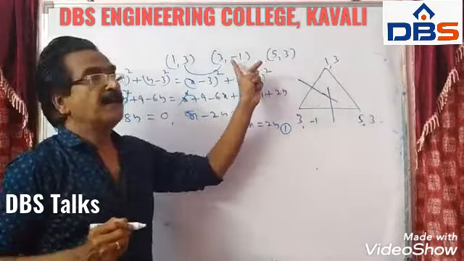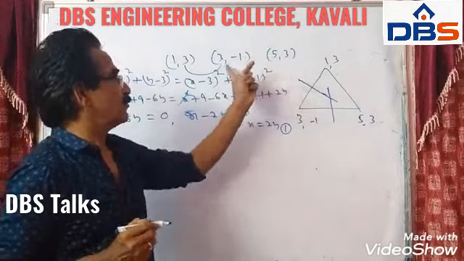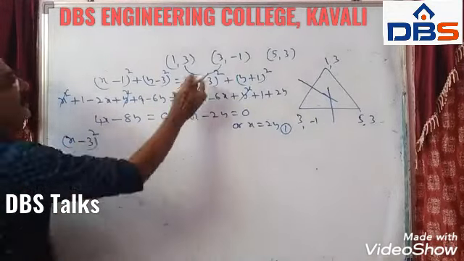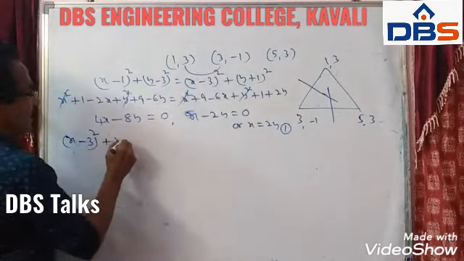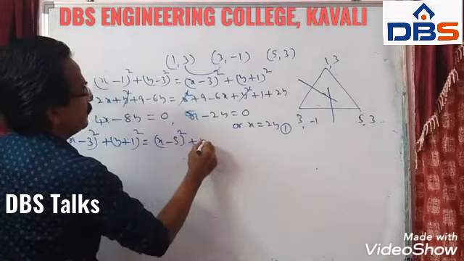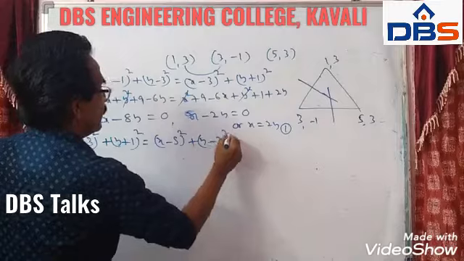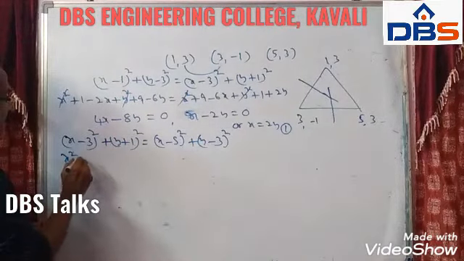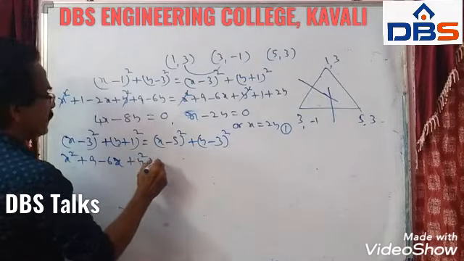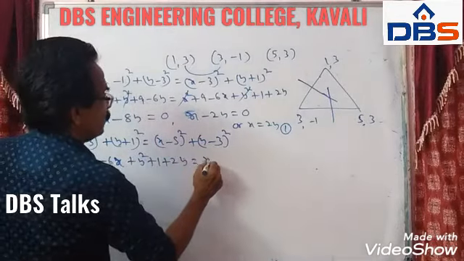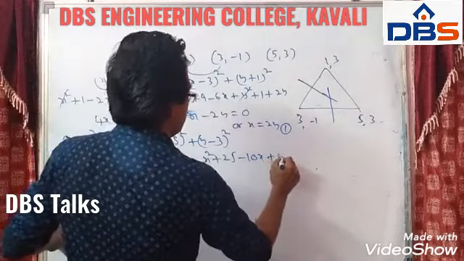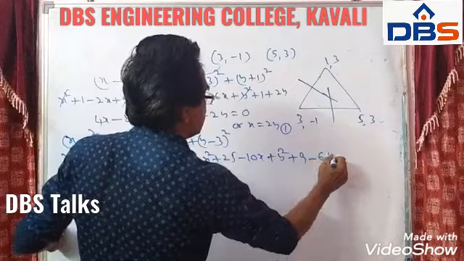Now let us find the perpendicular bisector of the other two points, friends. (x minus 3) whole square plus (y plus 1) whole square is equal to (x minus 5) whole square plus (y minus 3) whole square. It implies x square plus 9 minus 6x plus y square plus 1 plus 2y is equal to x square plus 25 minus 10x plus y square plus 9 minus 6y.